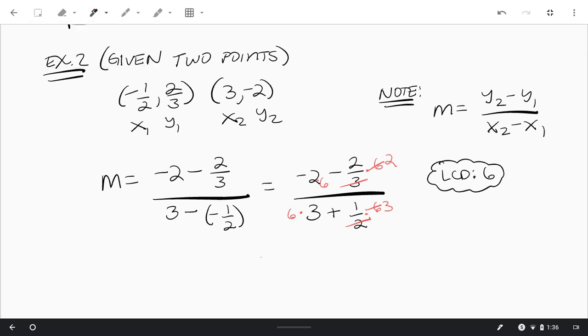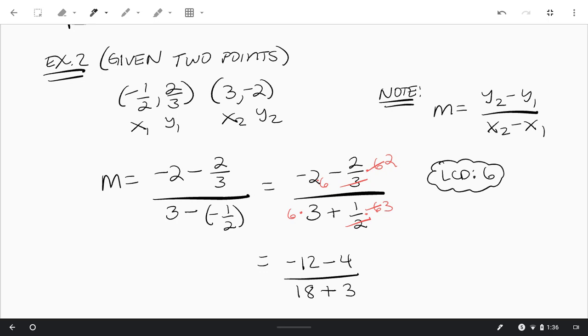All right, so what we end up with is negative 12 minus 4 all over 18 plus 3. So you clear your fractions by multiplying everything, not just the fractions, but everything by the LCD.